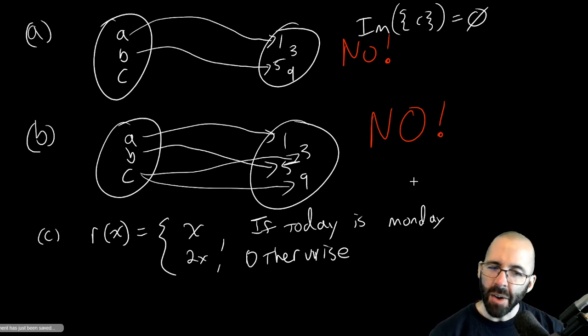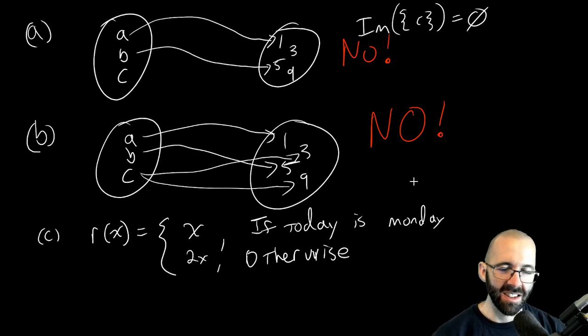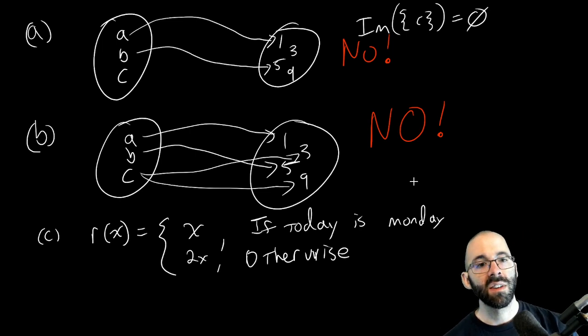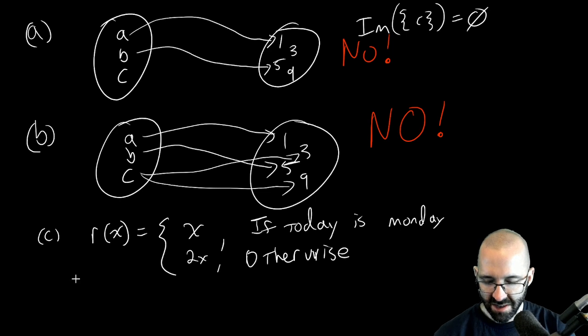C, I would honestly accept either answer for C. At any given time, this is a function. Now, if you wanted to say like, well, R of 2 could be 2 or 4, depending on the day, I would give credit for that. But I'd say at any given time, this is a function.